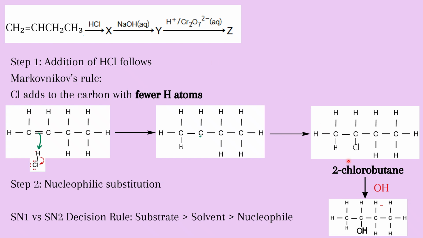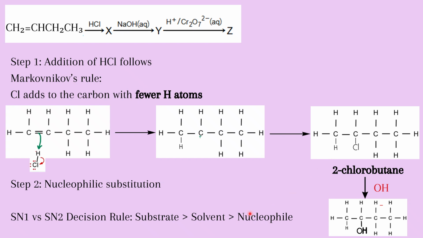So here it is going to follow a nucleophilic substitution reaction, because the OH present in NaOH will act as a nucleophile, and it is going to substitute this particular chlorine. Now here the question arises: since I have a secondary alkyl halide, whether this reaction will follow SN1 or SN2.